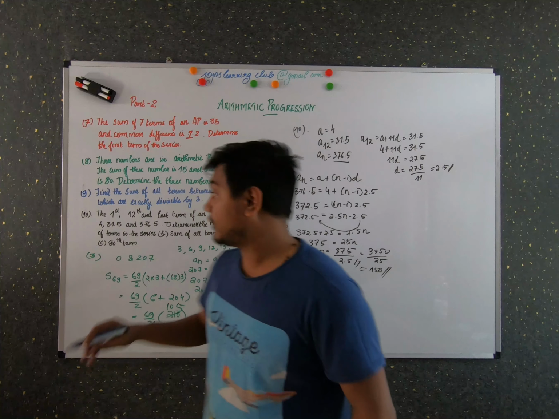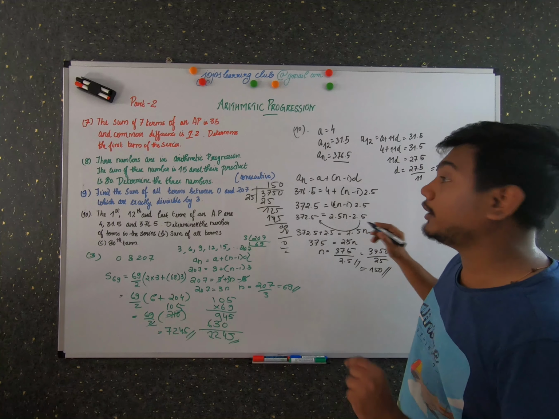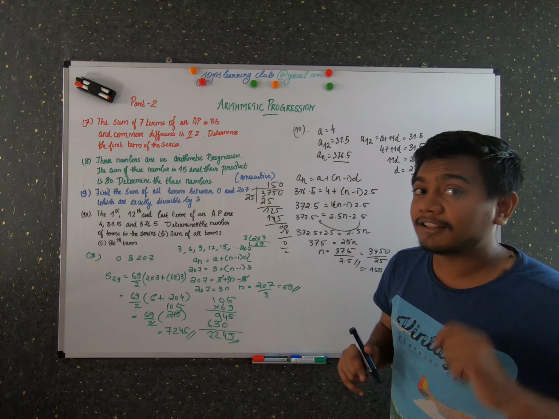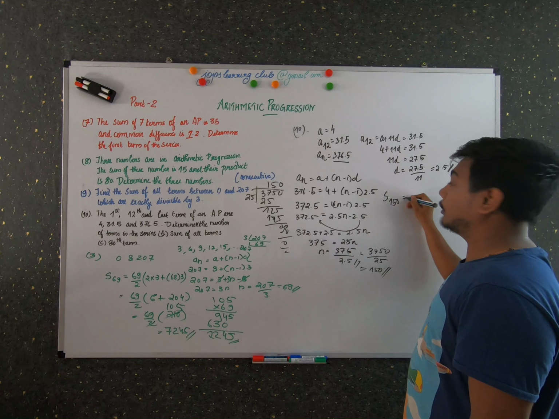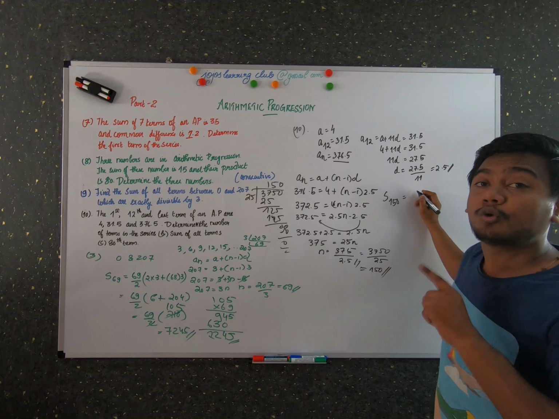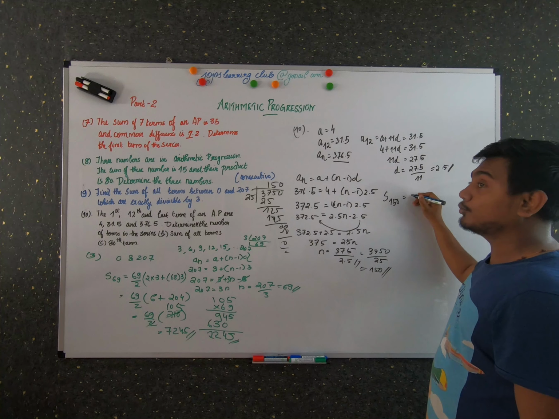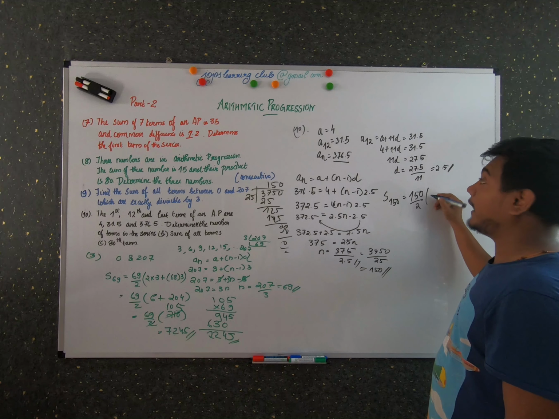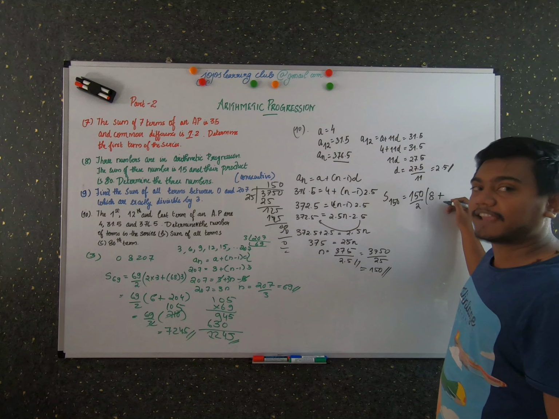Okay, so the second question is what? The sum of all terms. We already know there are 150 terms in this sequence, and we need to find the sum of all these 150 terms. So S150 is equal to n by 2 into 2a plus n minus 1 into d. What is n by 2? 150 by 2, right? Into 2a. What is 2a? 2 into 4, that is 8.